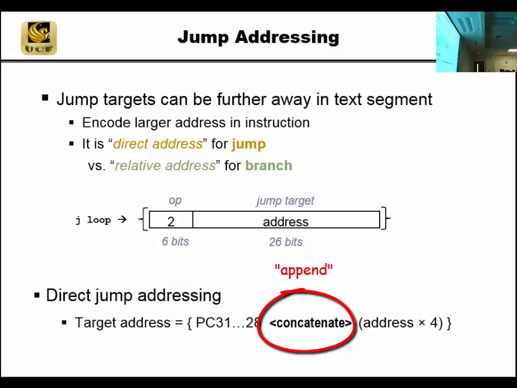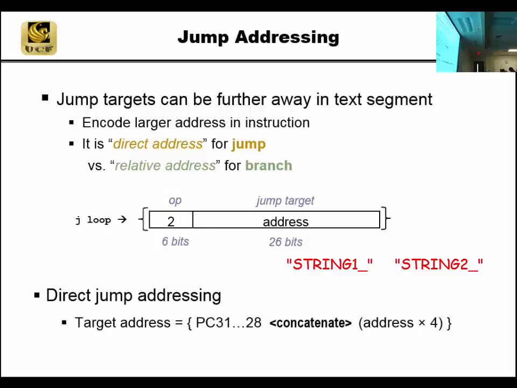So if I concatenate 2 strings, one string and another string, I write them as 1 new larger string. These are characters; this is concatenating bits.